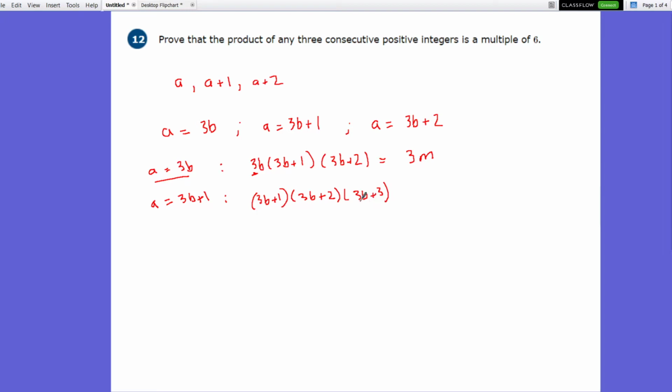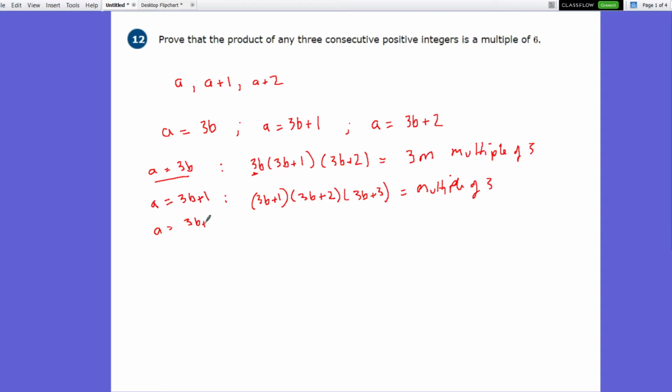That is obviously a multiple of 3, so the whole product becomes a multiple of 3. I'm just going to write that the product is a multiple of 3, and likewise the previous one was a multiple of 3.